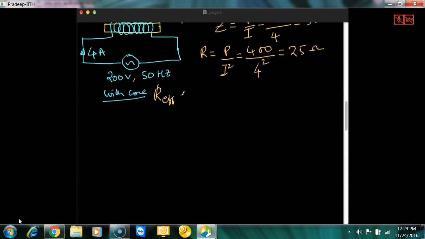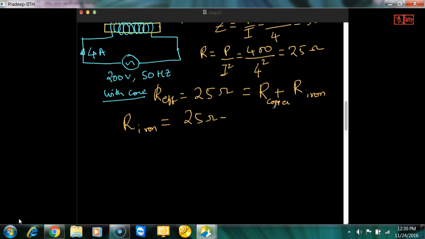Effective resistance of the core is 25 ohms, which is equal to actual resistance plus resistance for iron losses. So this is the resistance of copper wire, this quantity I know. So this is the resistance of iron. This is actually not the electrical resistance of iron. This is just an imaginary resistance of the iron part of the core.